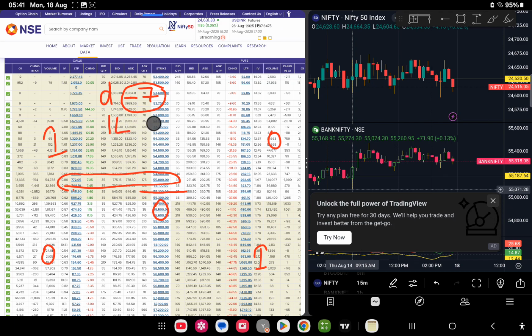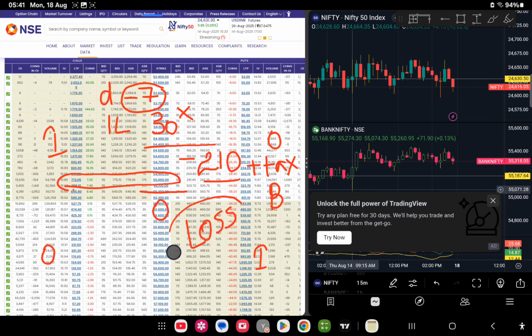One lot is 30, so this times this is -210 plus tax and brokerage. So this is a loss-making trade, but the loss is minimal.